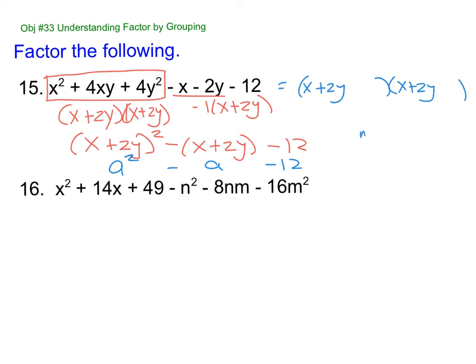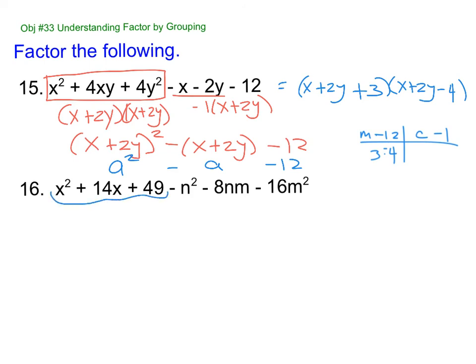Multiplies to negative 12, combines to negative 1. 3 and 4, and our 4 is negative. Plus 3, minus 4. All right, last one. Do that one on your own. Same idea. So I'm going to do this a little faster.